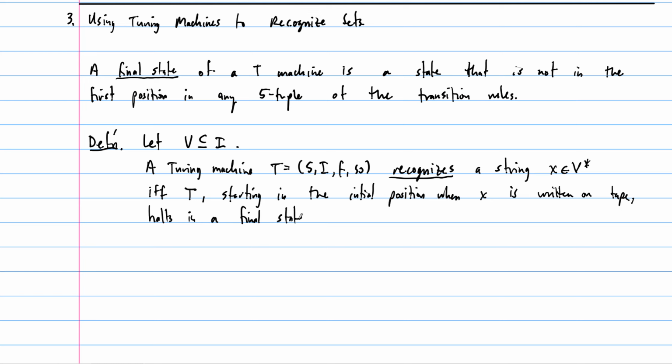So two things are happening here, right? The Turing machine has to halt after X's input. So it halts at some point after X's input, and not only does it halt, but it halts in a final state. So we can add to this, right? T is said to recognize an entire subset of V star if and only if it recognizes every X that's in that subset.